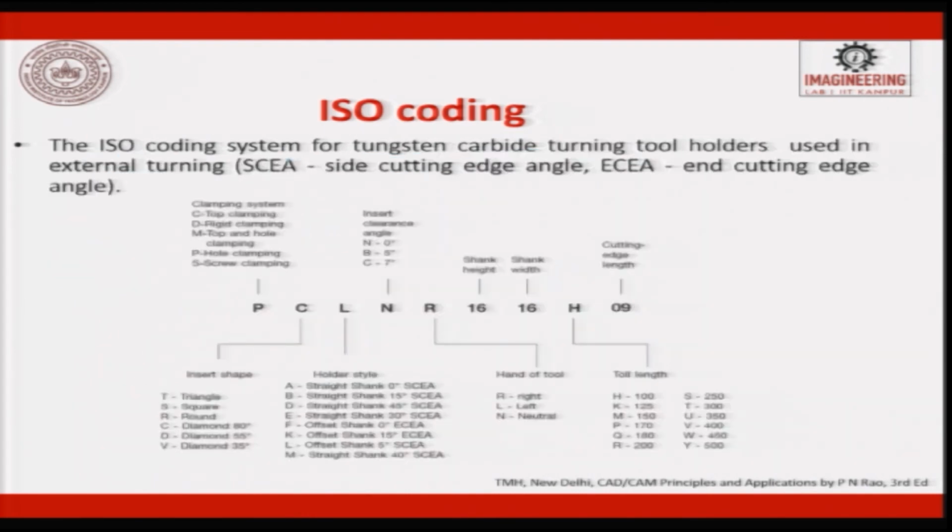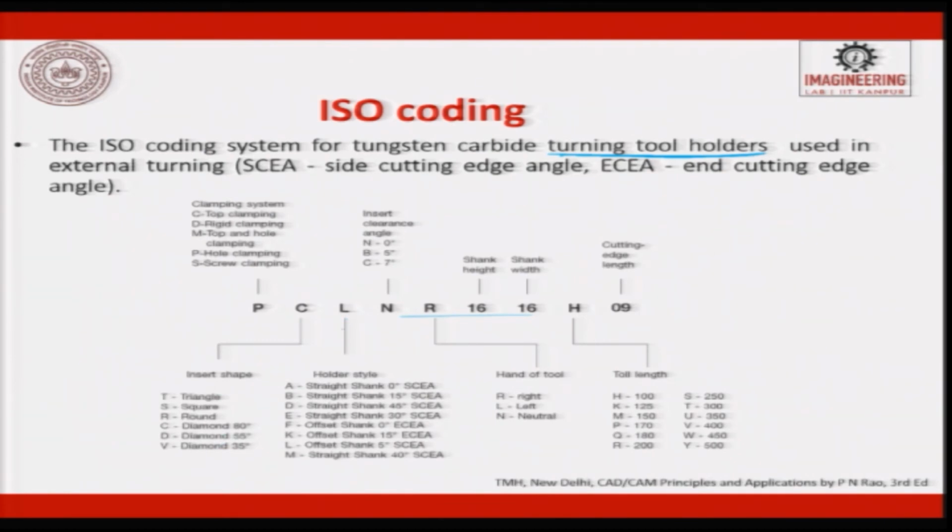So, that was the ISO system for the tungsten carbide turning tool, and here we are talking about the tool holder used in external turning. You will have similar digits. P talks about the clamping system: top clamping, rigid clamping, top and hole, and then screw type. Then C talks about the insert shape, because in the tool holder you should have that groove.